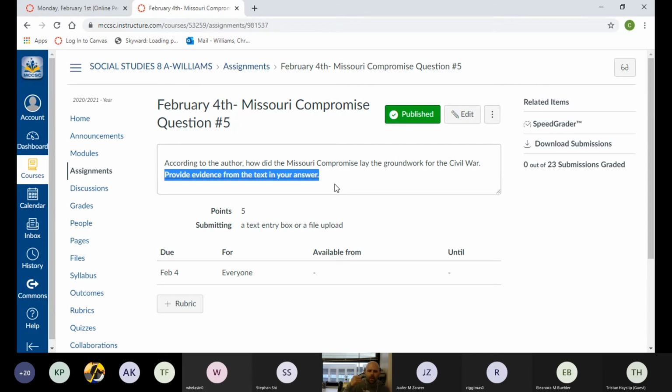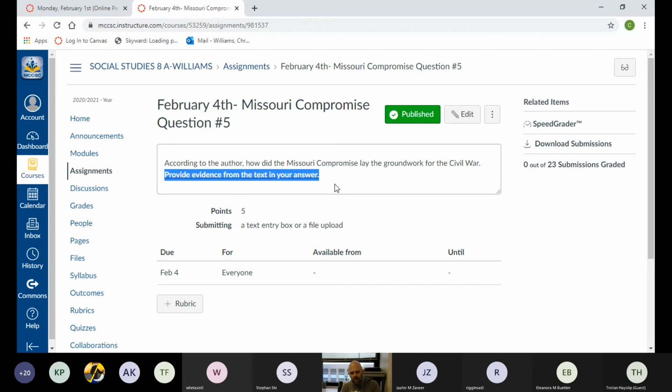And again, don't go about this, folks, in a very vague way. Don't say, you know, the Missouri Compromise showed that the country was divided and we couldn't get along, and that's because some people thought slavery was a good thing. That's just too vague.